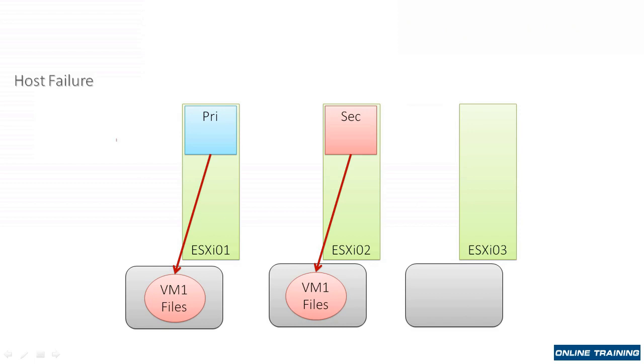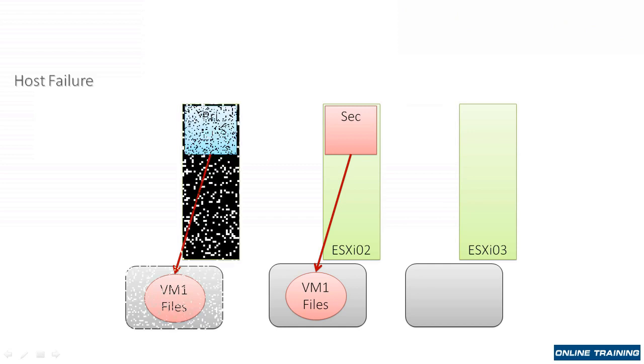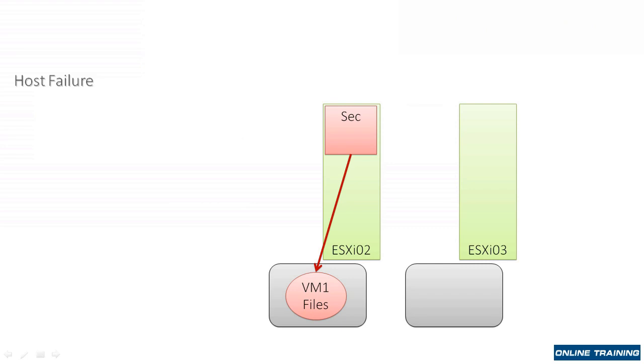So again, here's my primary VM running on ESXi01, my secondary VM running on ESXi02. And now I have my failure, right? ESXi01 goes down and the primary VM goes down with it.